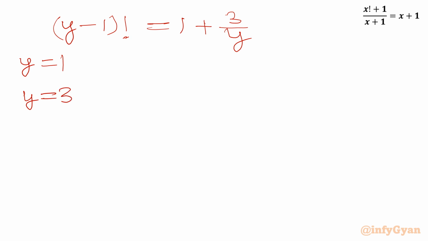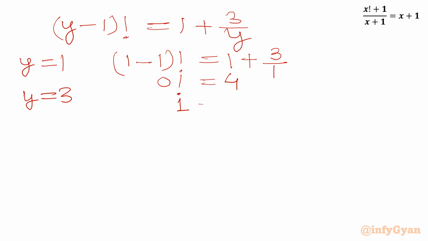So for y equal to 1, I will write (1 minus 1) factorial equal to 1 plus 3 over 1. So 0 factorial equal to 1 plus 3, which is 4. 0 factorial is 1. It is not equal to 4. So y equal to 1 is not an accepted value.